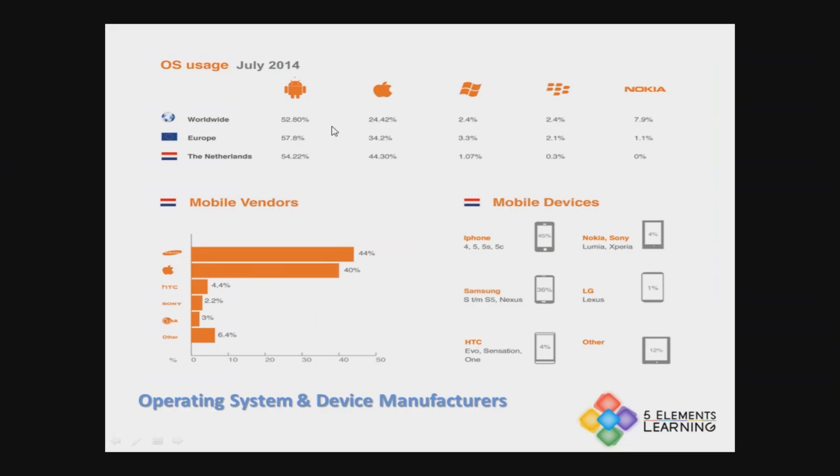Now this chart effectively tells us the market share which different types of operating systems enjoy in the world, so as to understand how we create our test labs. Android is the most popular, followed by Apple, followed by Windows. Worldwide, more than 50% of users are using Android devices, around 30% using Apple devices.